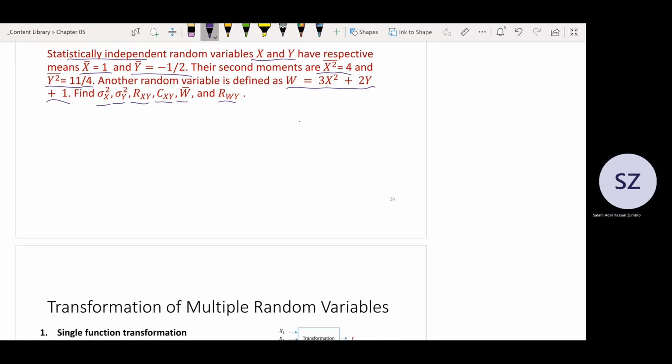Okay, guys. So we start with what? The variance of x.